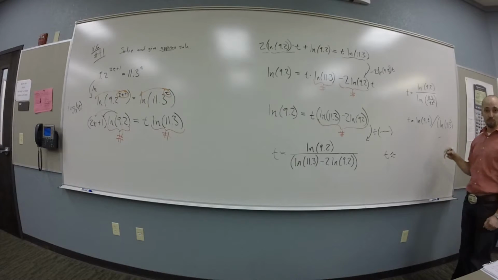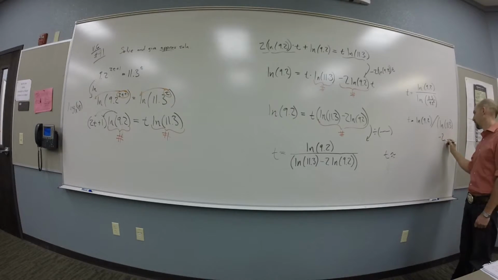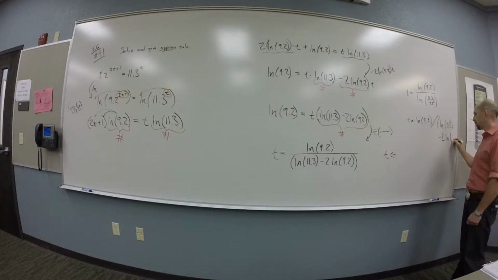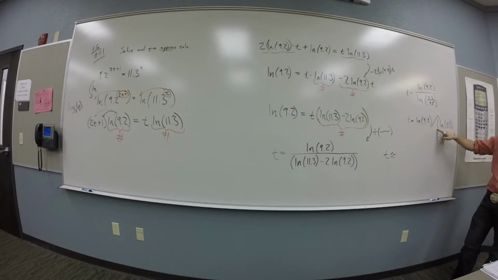You could do plus and then push the negative sign button, but otherwise it'll yell at you. So I've got minus 2 ln parenthesis 9.2. Close that parenthesis, and then I've still got this one open, so I need to close that one too.